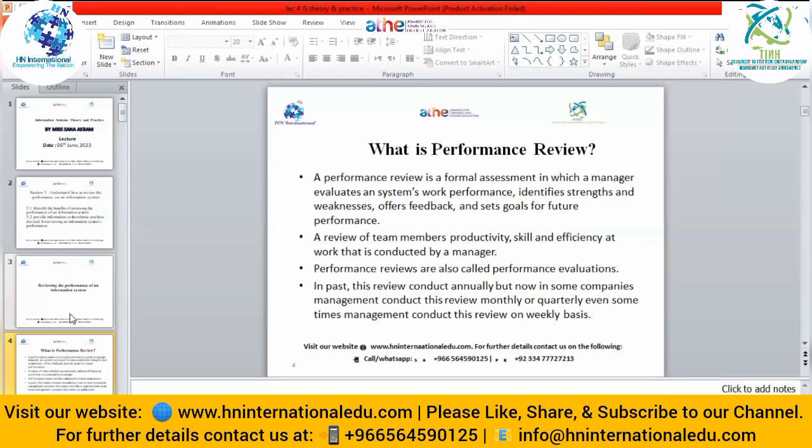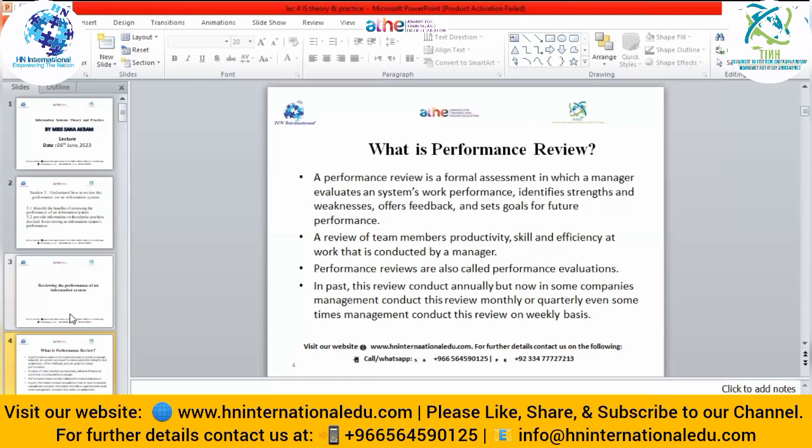We are not verbally just assuming our system is good or bad. We are formally setting different forms or criteria, which are standards, and according to those standards we are checking the performance of our system, and then we are giving feedback. By that feedback we are identifying the strengths and weaknesses.